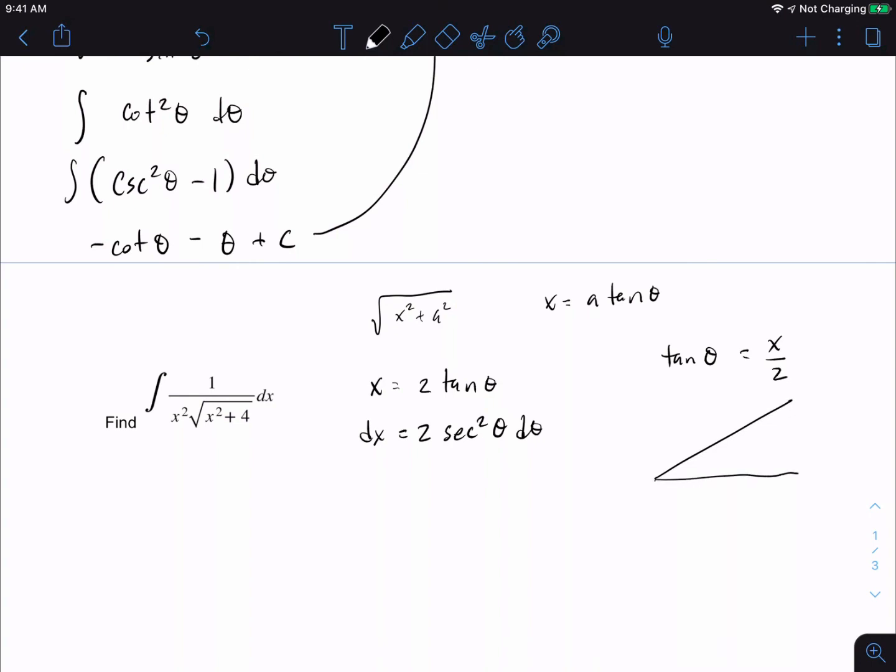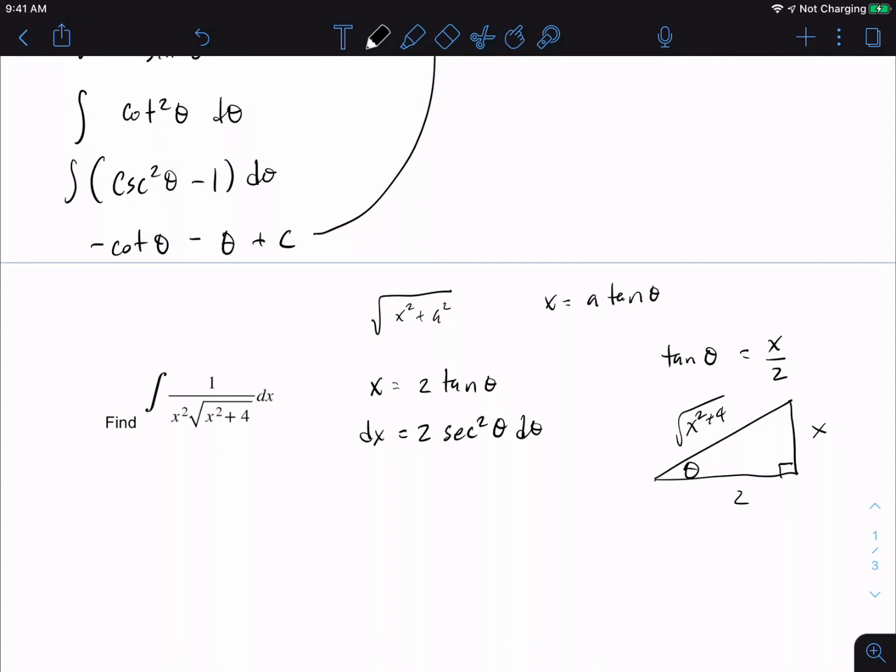So the triangle that we're going to build, here's our theta. It's opposite over adjacent, so that's x, that's 2. And this would be the root of x squared plus 4. Notice that if we draw our triangle correctly, we end up with the rooted substitution that we decided which one to use.